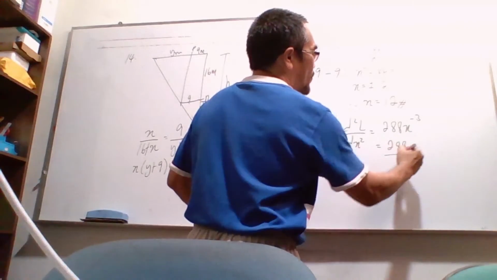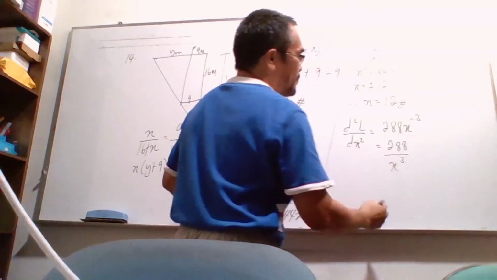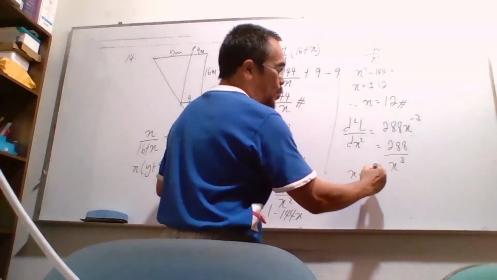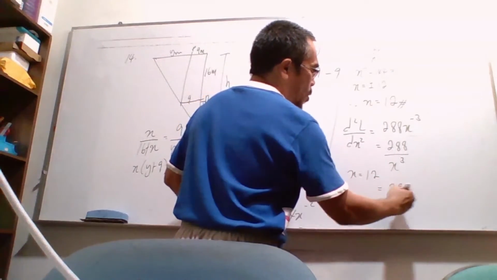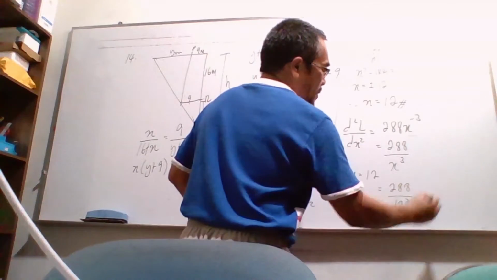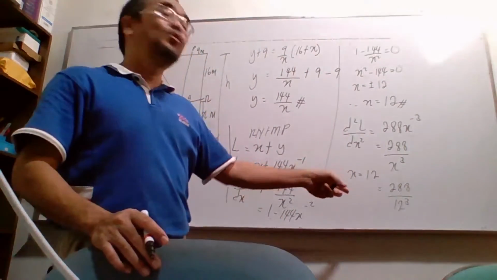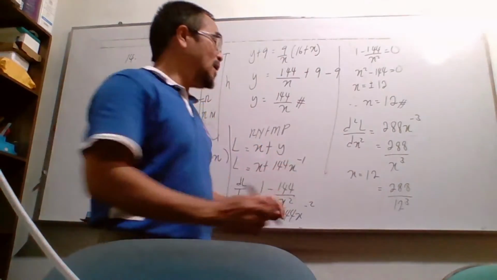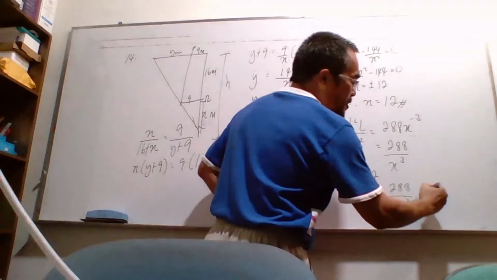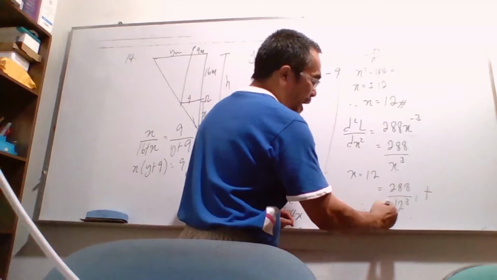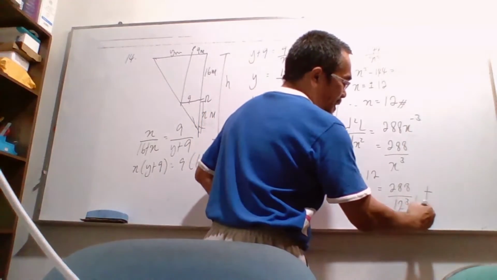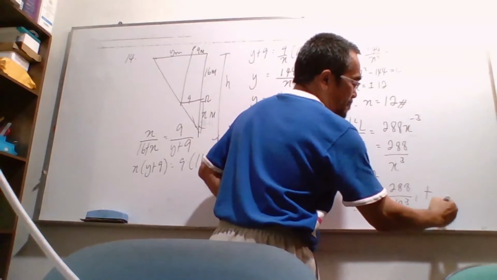So it should be 288 over x to the power of 3. When x is 12, it becomes 288 over 12 cubed. So I do not need to find the value. What is important, it is positive. So therefore, RN plus MP is a minimum.